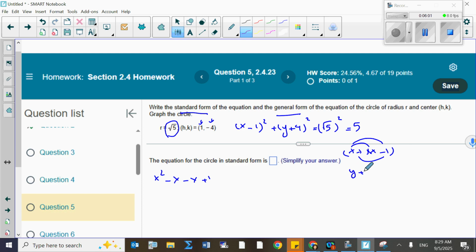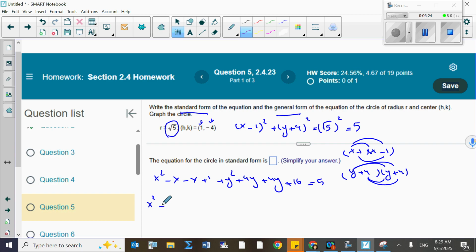Now, y plus 4 times itself. Y squared plus 4y plus 4y plus 16. And on the other side, I have 5. Now I'm going to simplify. I have x squared.